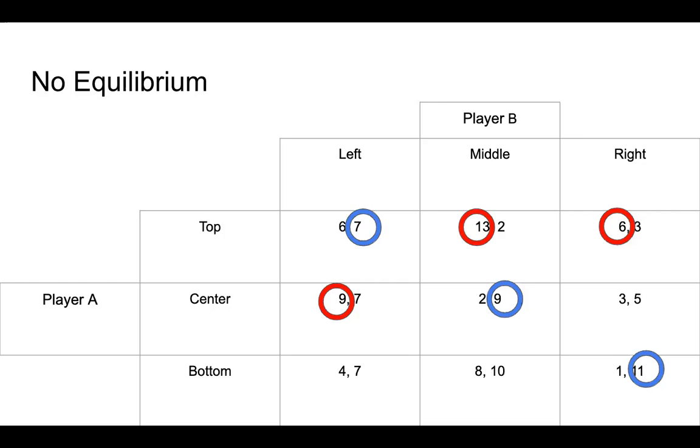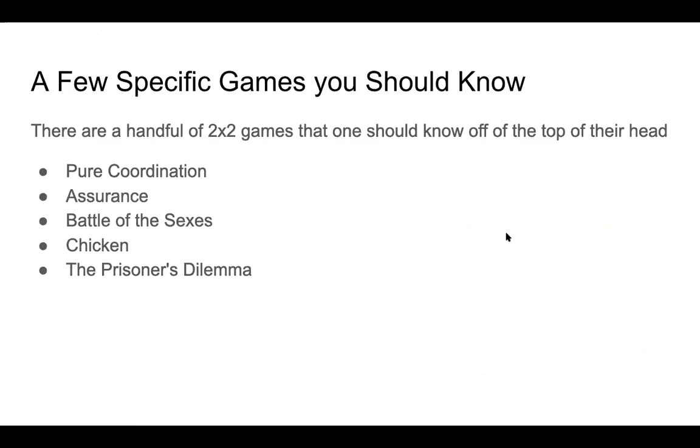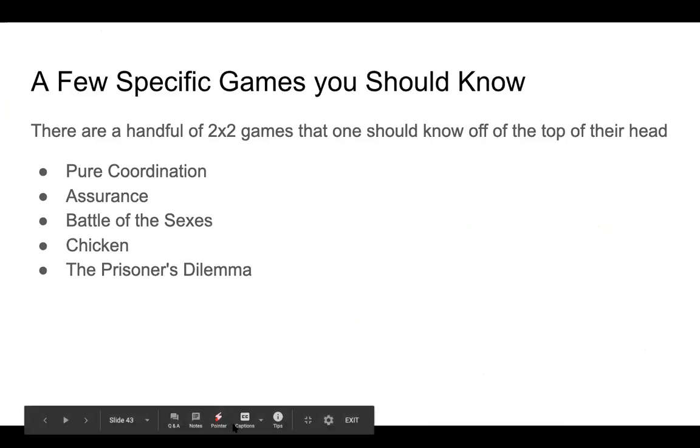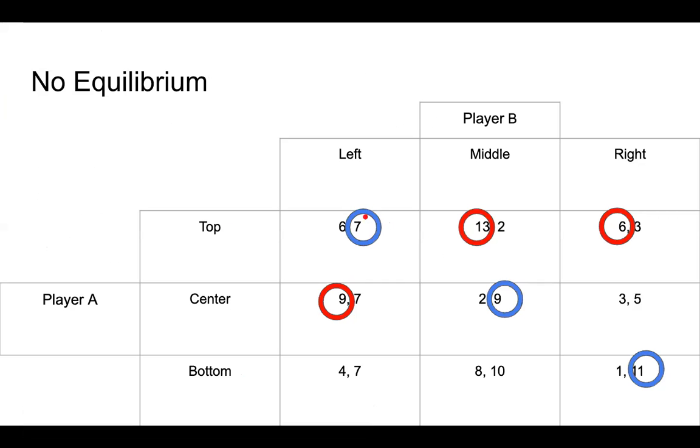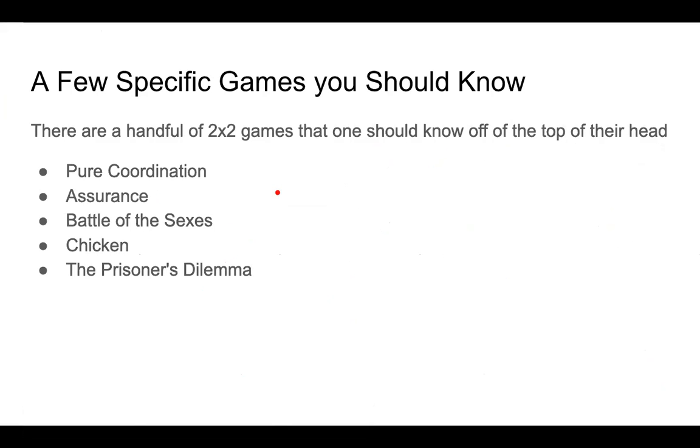So there are a handful of two-player games that you should know about. These are the 5 big 2x2 games. Remember, the earlier one was 3x3: left, middle, right, top, center, bottom. These are all 2x2 games, and you should just know these. And here's the prisoner's dilemma for all of you who are asking.